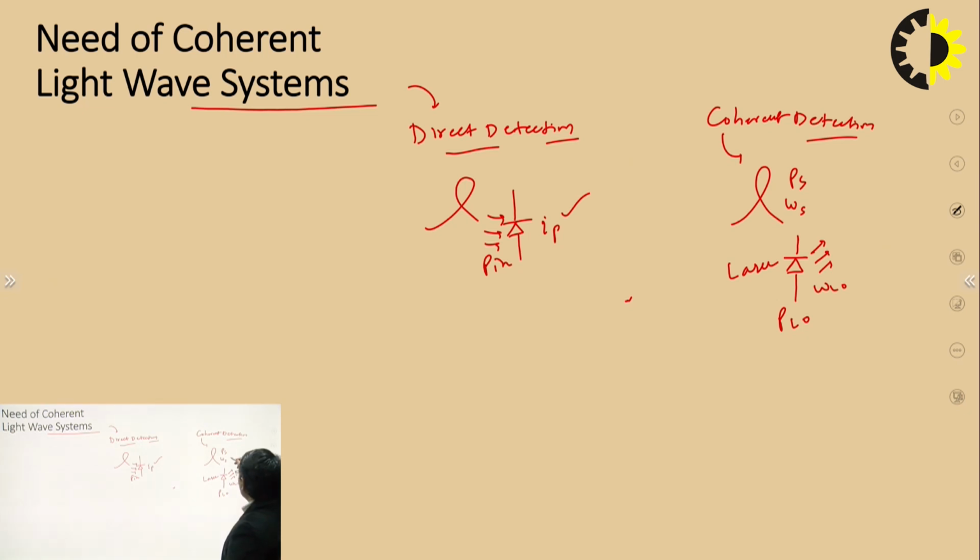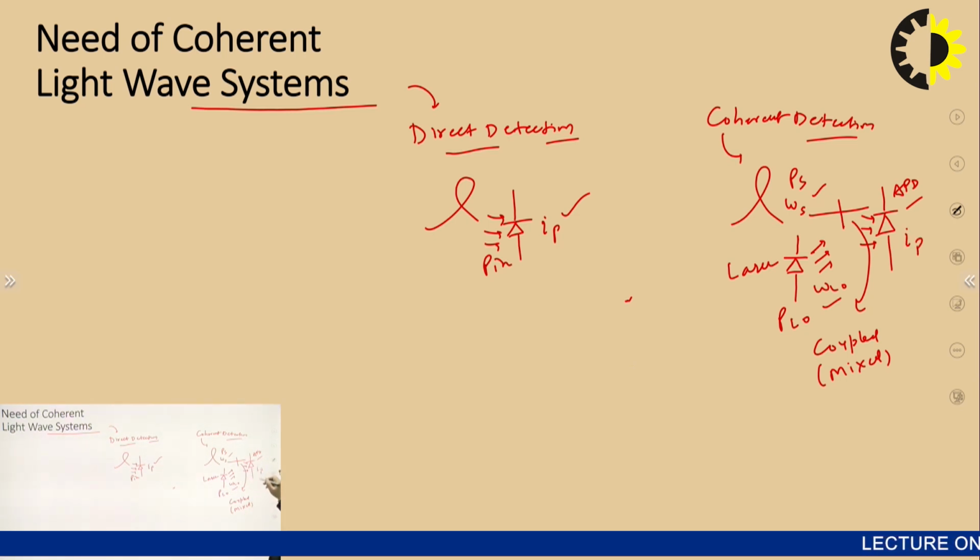Then these two signals received from the fiber and from the local oscillator are coupled together, or mixing is done, and then it is incident over the photodiode or photodetector, for example APD, and then it is converted into the corresponding photocurrent. So this is the basic difference between the direct detection and coherent detection.